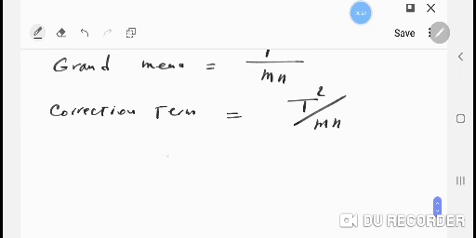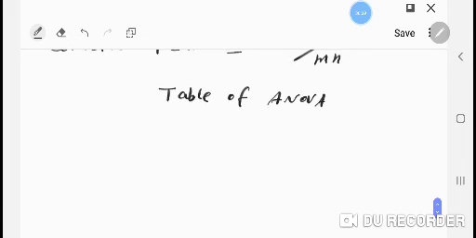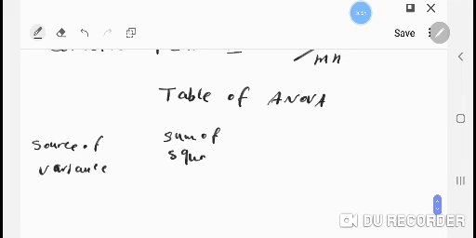Here is the table of ANOVA. Source of variance, sum of squares, degree of freedom, and mean square.